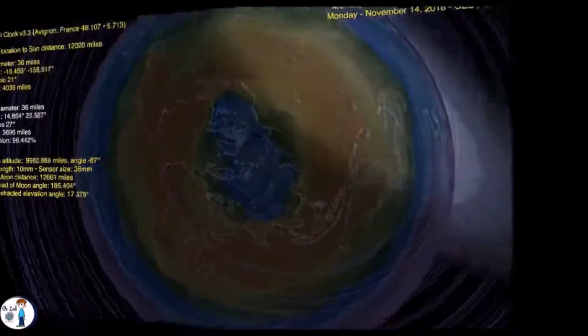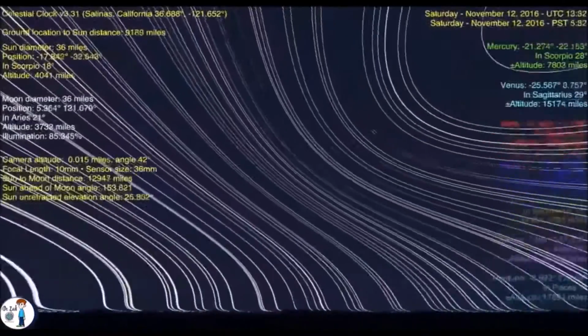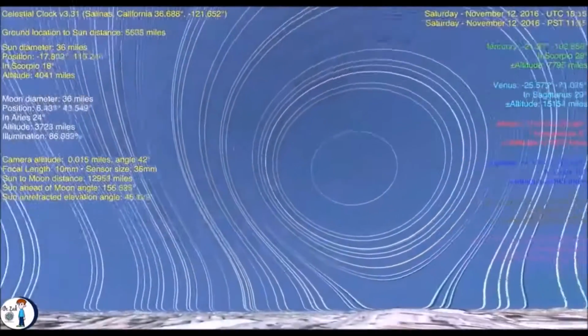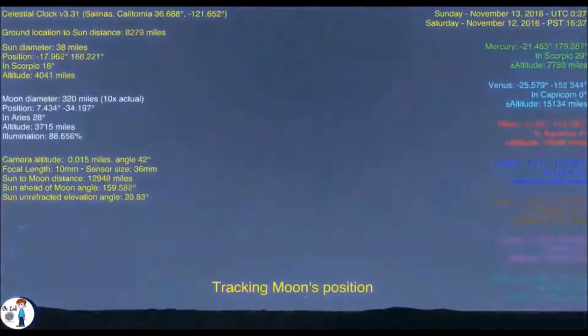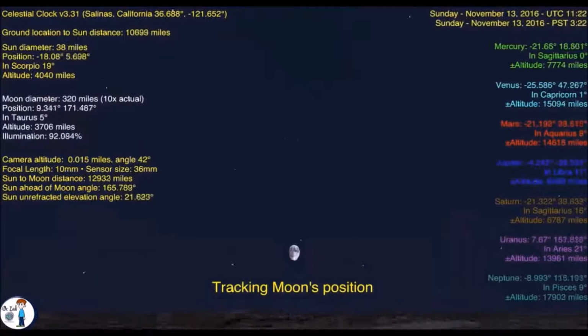And here is how the sun rises and sets in Salinas, California. We still need to make adjustments to the height of everything, but the atmosphere already makes them rise and set correctly. The atmosphere was the key to solving the puzzle.